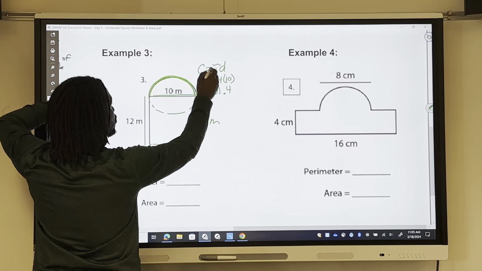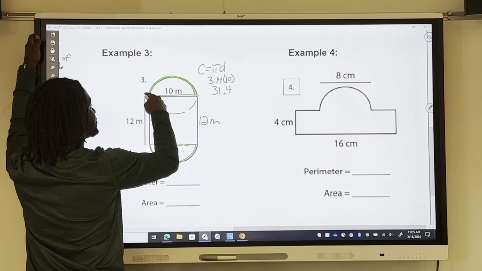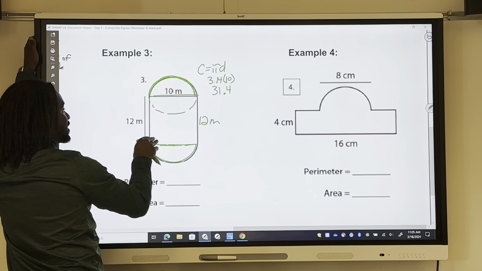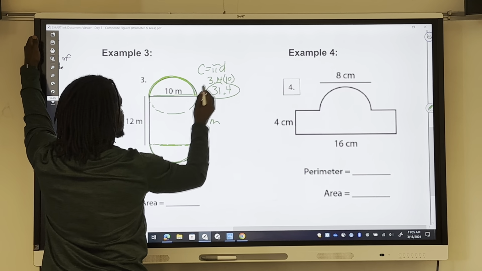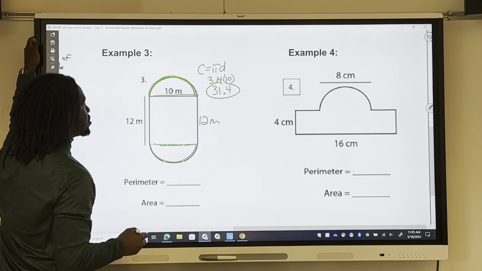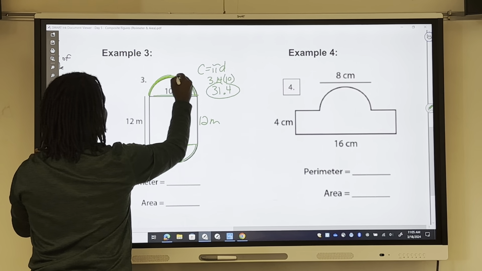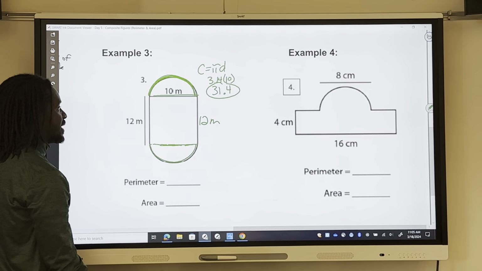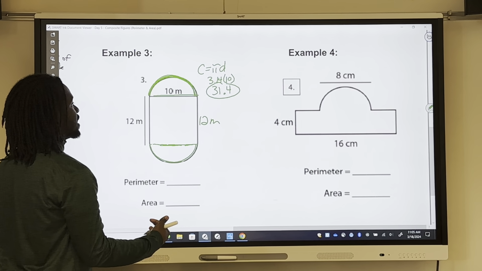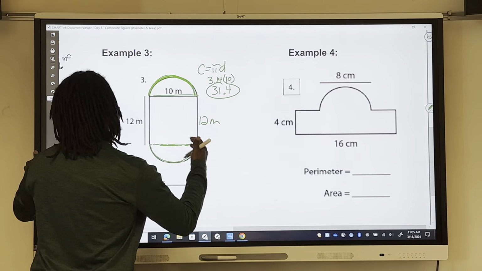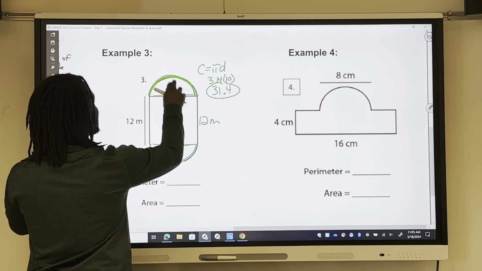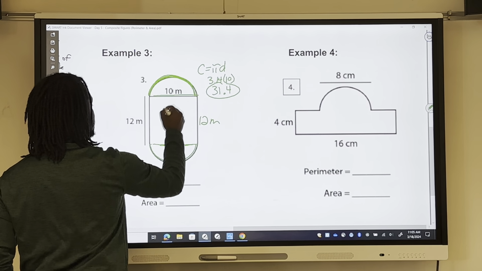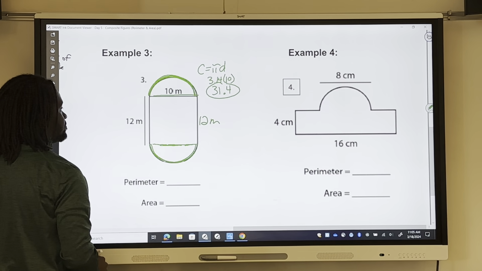So even though the circumference formula gives me the outside of the entire circle, because the rest of the circle is at the bottom, I don't need to do anything to this. In other words, if I wanted to find just half of this, I would take half of that and get about 15.7. But because I have this other piece at the bottom, that is going to give me the outside of that and the outside of that.